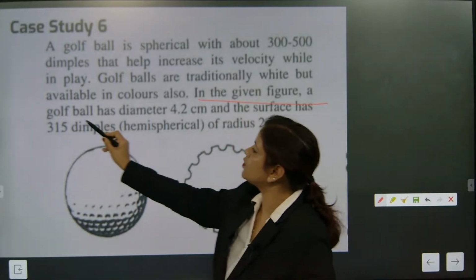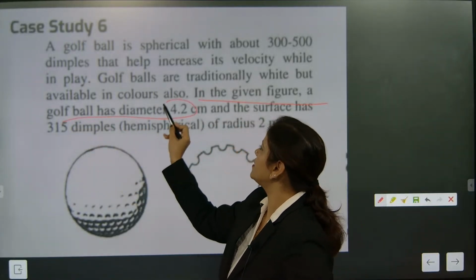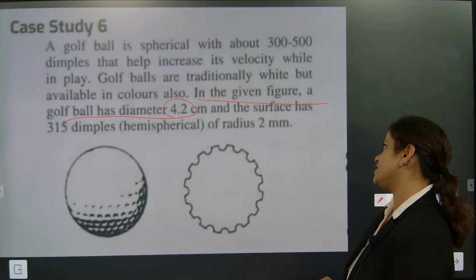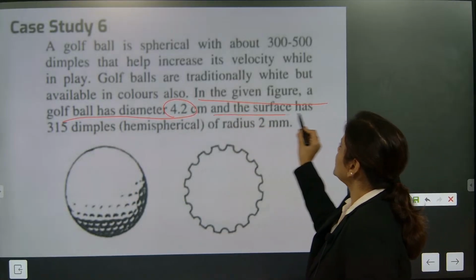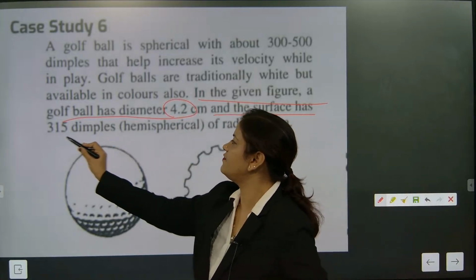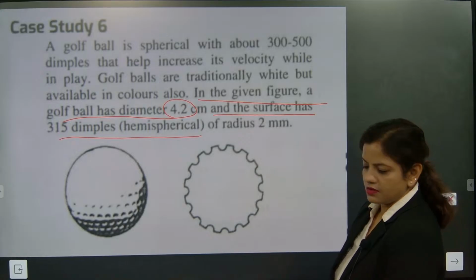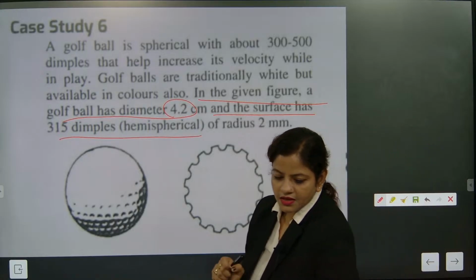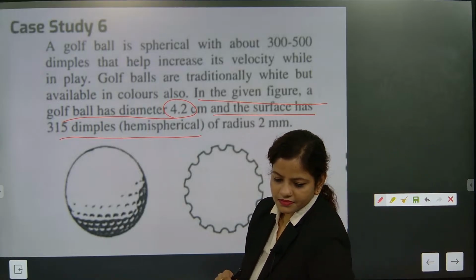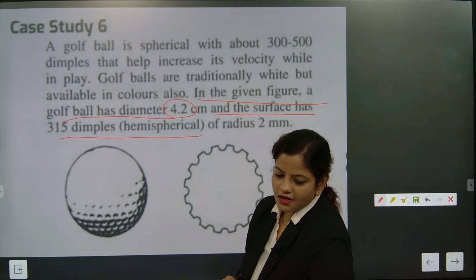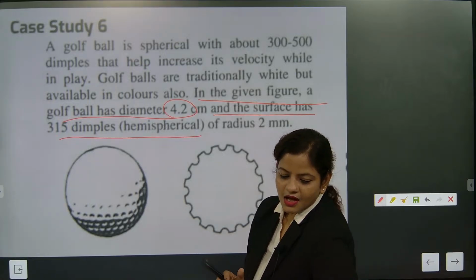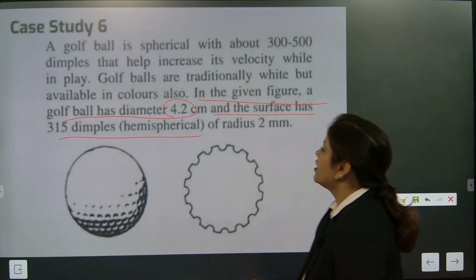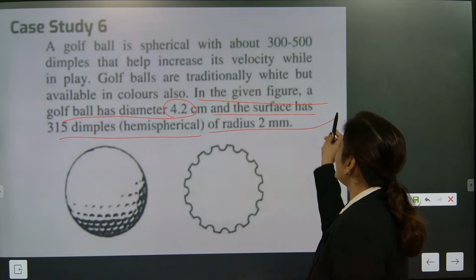In this they have told golf ball has diameter 4.2 centimeter and the surface has 315 dimples, hemispherical. Okay, so hemispherical part, this part of radius 2 millimeter is there.